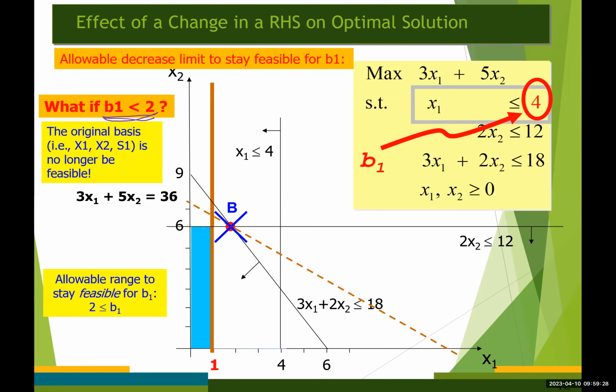In this case, the current optimal point is no longer feasible, which means the original basis is no longer feasible, okay?